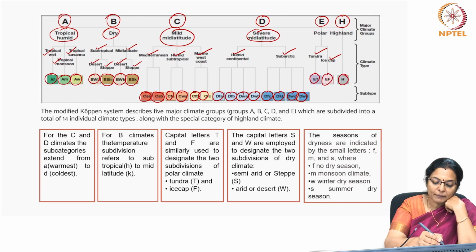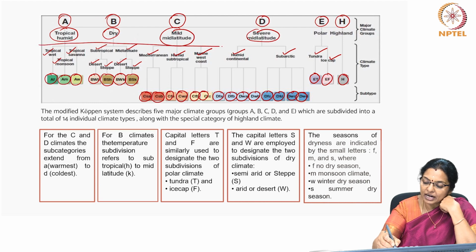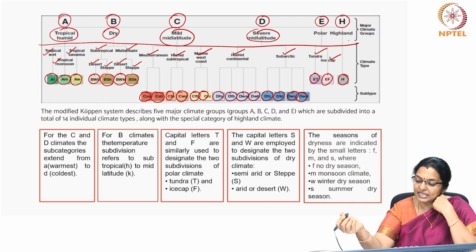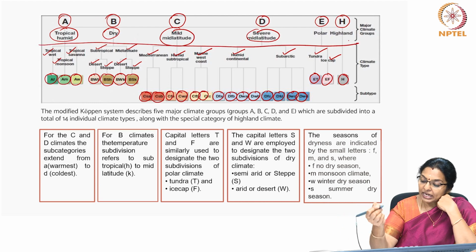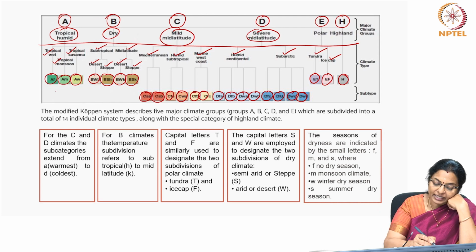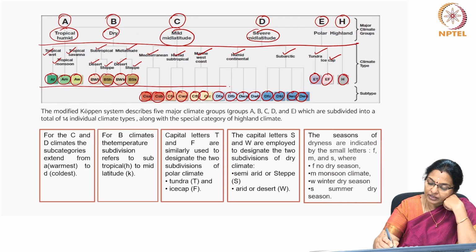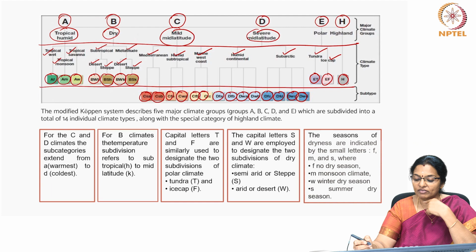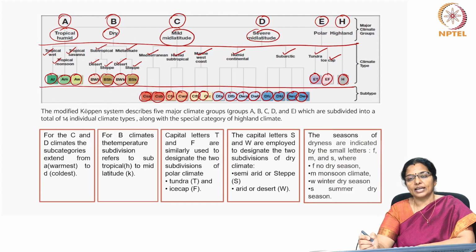So, the major climate groups are these A, B, C, D. Then you have the climate type, and then you have the subtype of the climate.